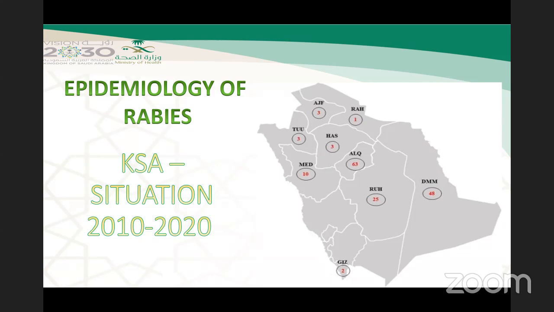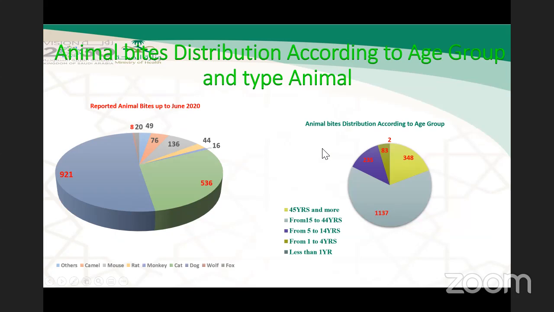Of them, 3,044 were by dogs, more than 50%. No rabies cases were reported. In 2015, there were 6,217 bites. Of them, 3,402 were dog bites. There were, unfortunately, 3 cases of rabies.